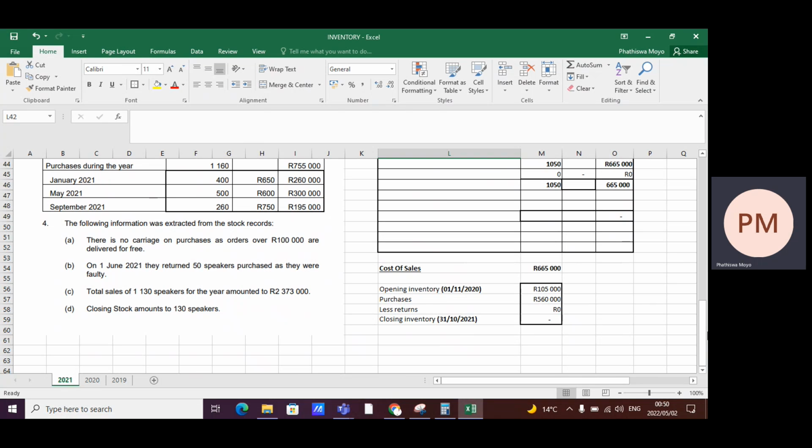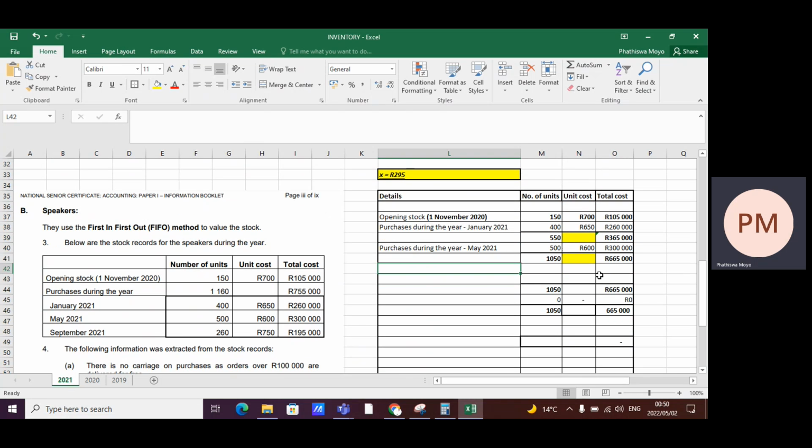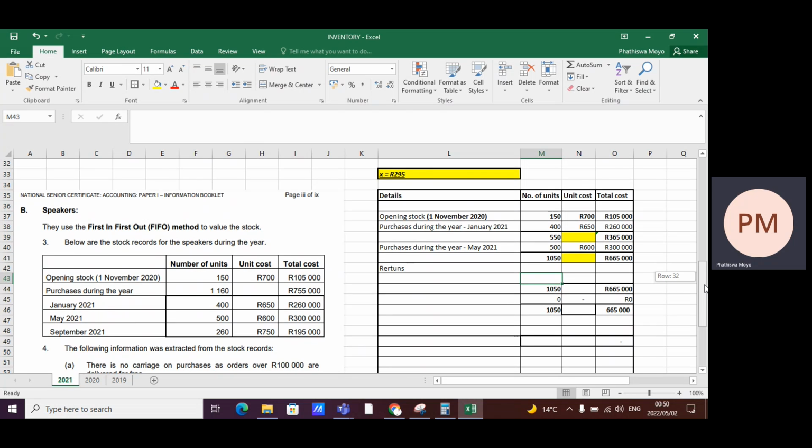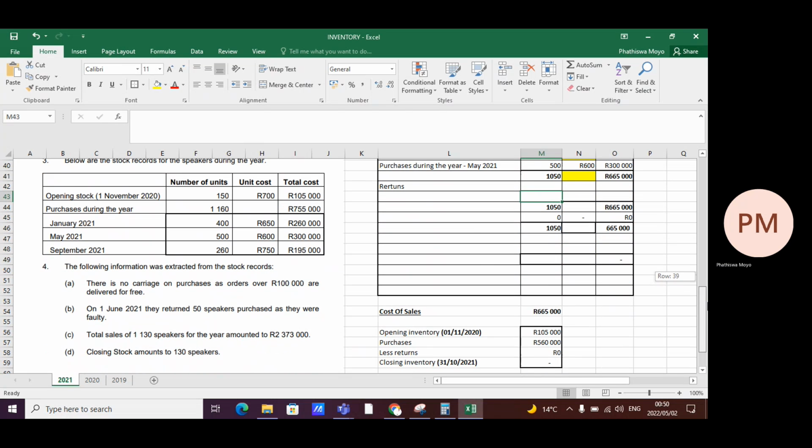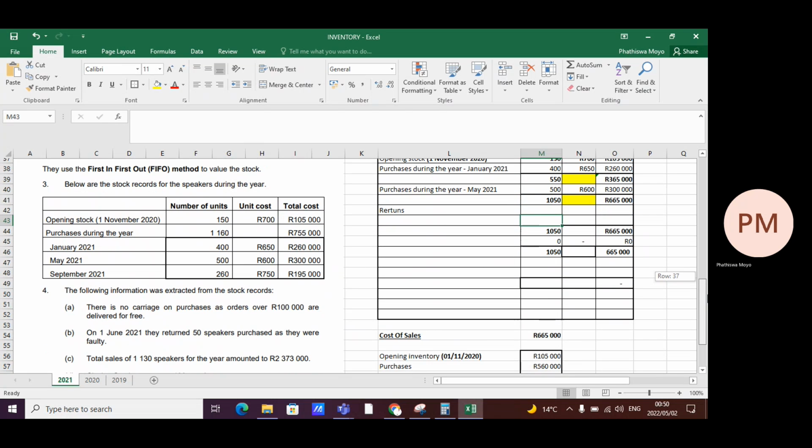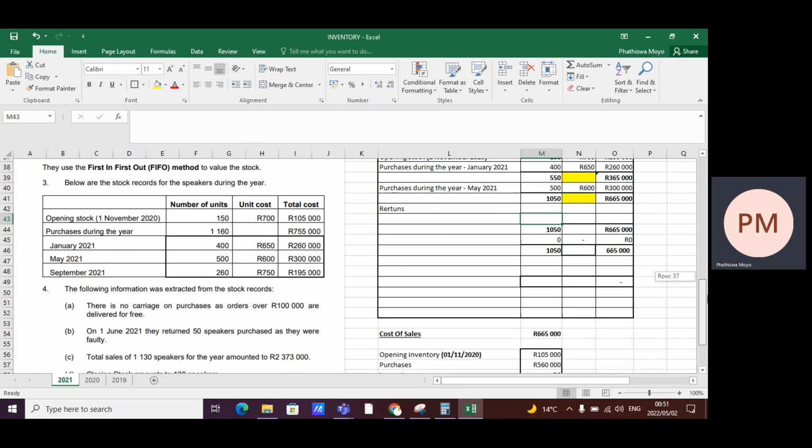Then they say the 1st of June, they returned speakers. So it's returns. On 1st June 2021, they returned 50 speakers they purchased as they were faulty.